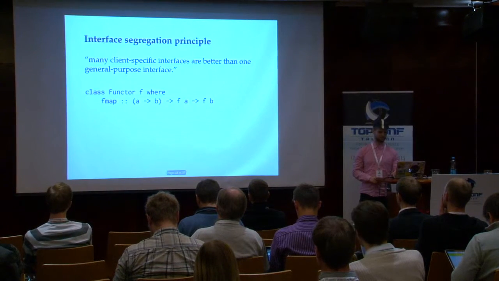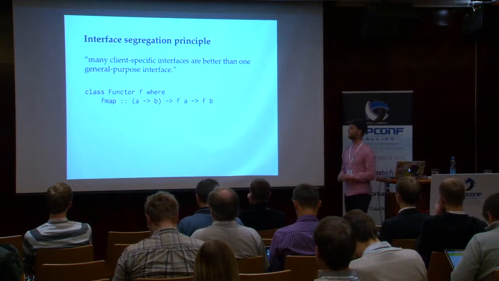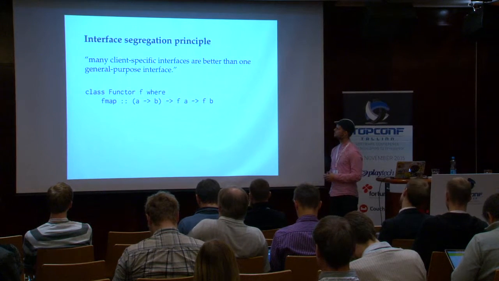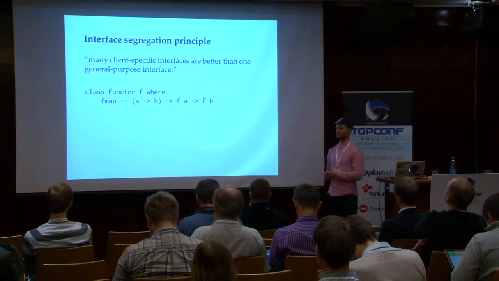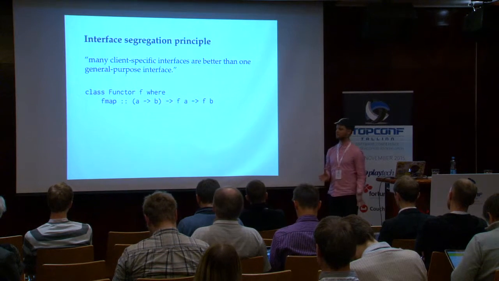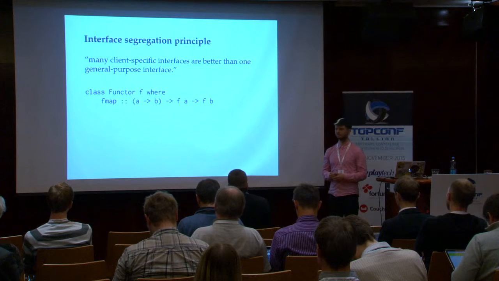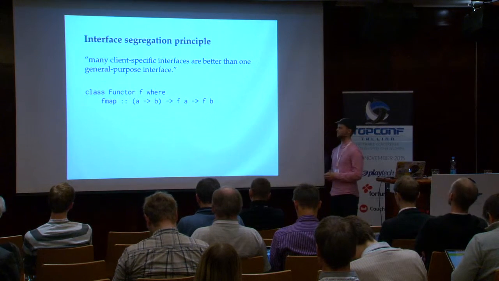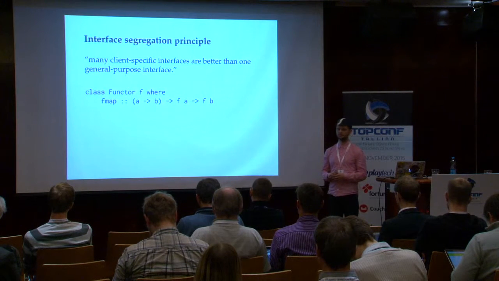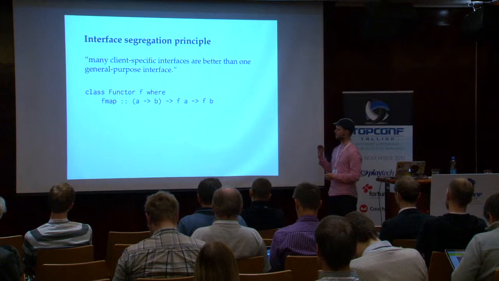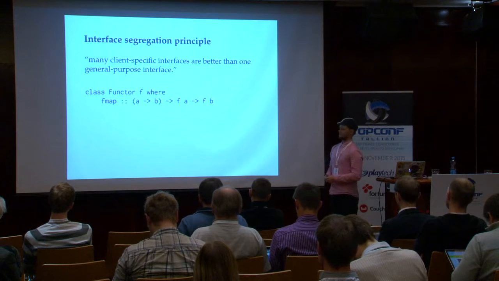Okay, the 4th principle is interface segregation. So you just have to make small interfaces. Not interfaces with tens of functions, but with as few as possible. Haskell has many classes which have only one method, because we are interested only in that particular functionality.